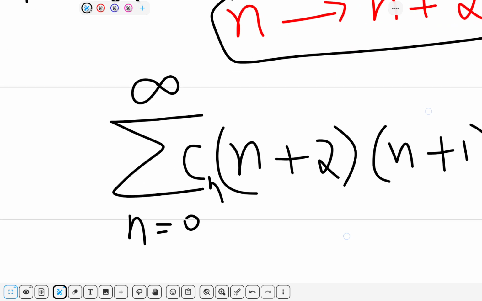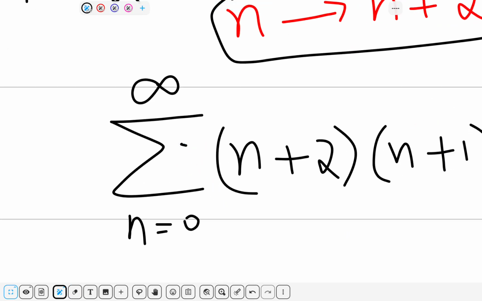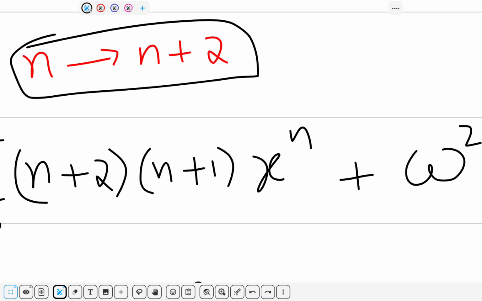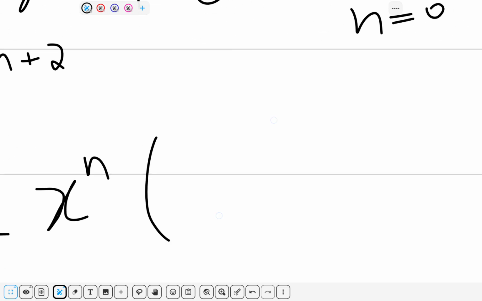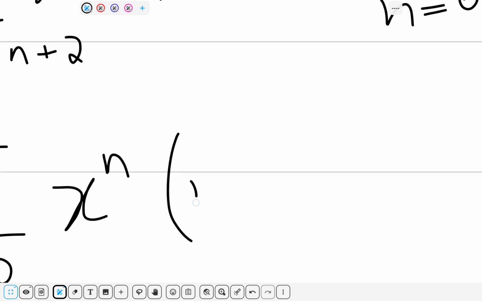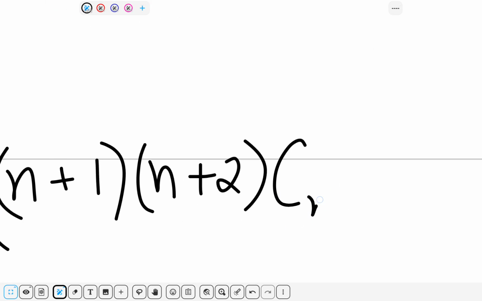So there will be c of n plus 2 here, multiplied by c of n plus 2. Now I have n plus 1, n plus 2, c of n plus 2.